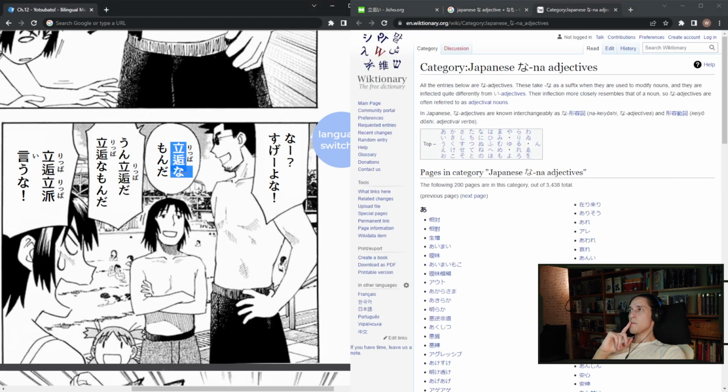Basically it is rippana and the subject is silent. So rippana kanojo mo nda. So kanojo like she, right?